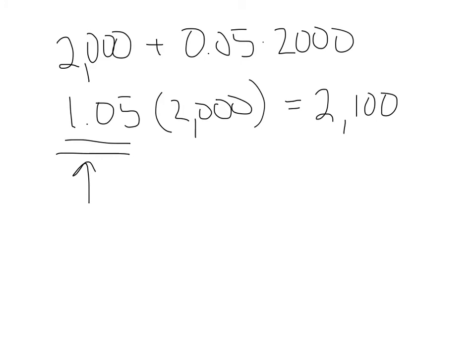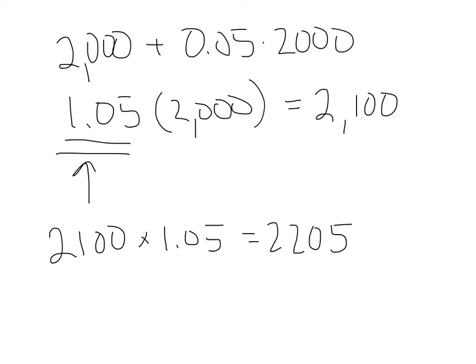The beauty of this is that we can take $2,100 and multiply it by 1.05 again, and we get $2,205, which is what we got before after 2 years.